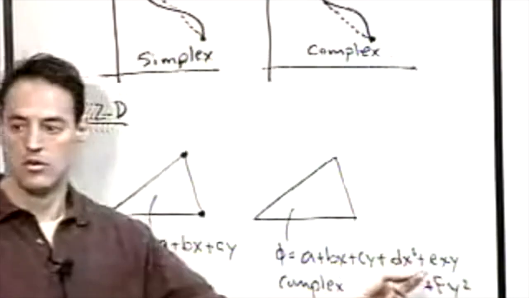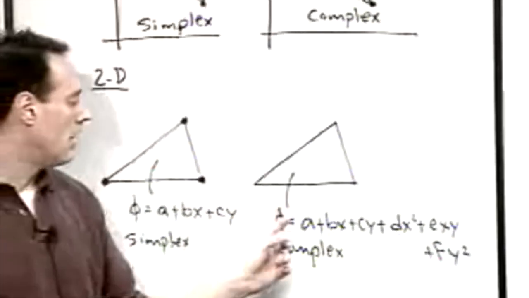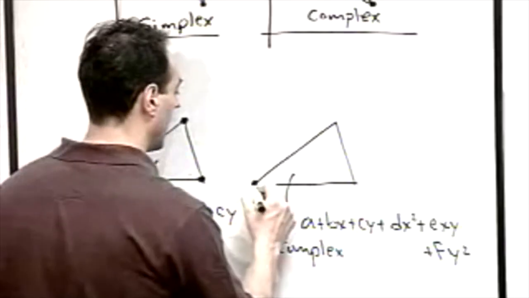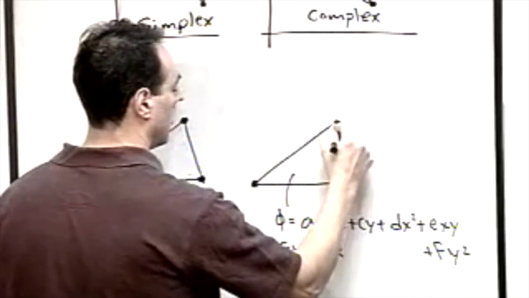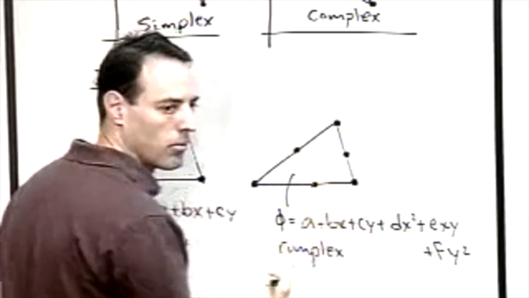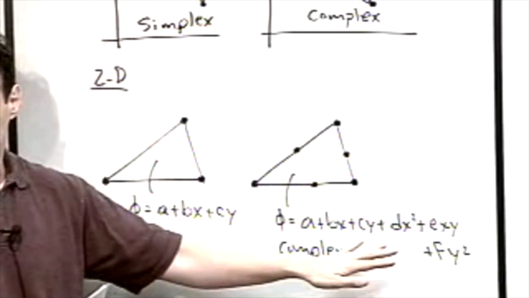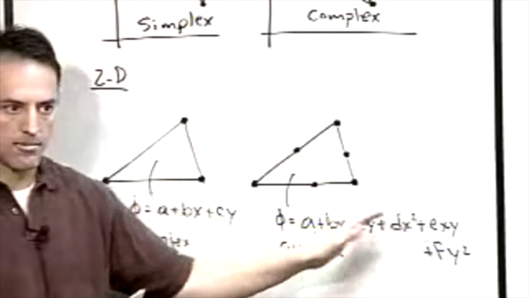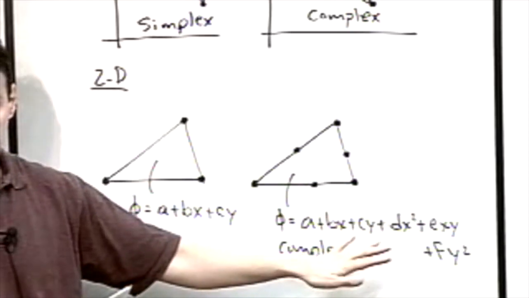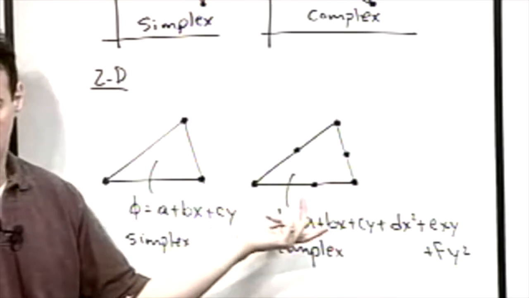And use now quadratic terms. Now I have 1, 2, 3, 4, 5, 6 unknowns. So instead of just knowing in the complex method these 3 points, I also have to specify 3 more points. So I have a total of 6, which nails down every one of these things uniquely. The idea, though, is there's a little bit more freedom in defining the surface. I might actually get a better fit to the data. Okay? So higher accuracy, double the number of coefficients.